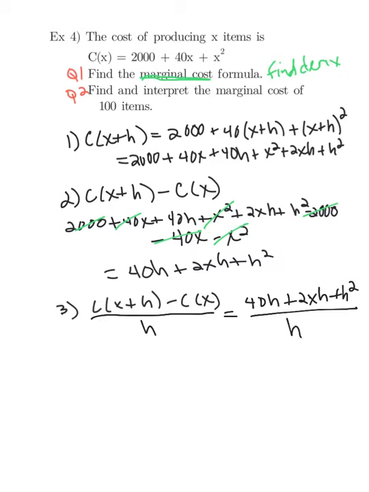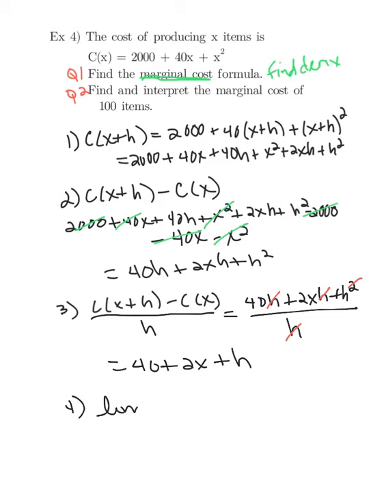Take one h out of every term, because what you have in the denominator is 1h. So you can take 1h out of every term. And if we do that, what's left is 40 plus 2x plus h. Now we're done with step 3. We're ready for step 4.